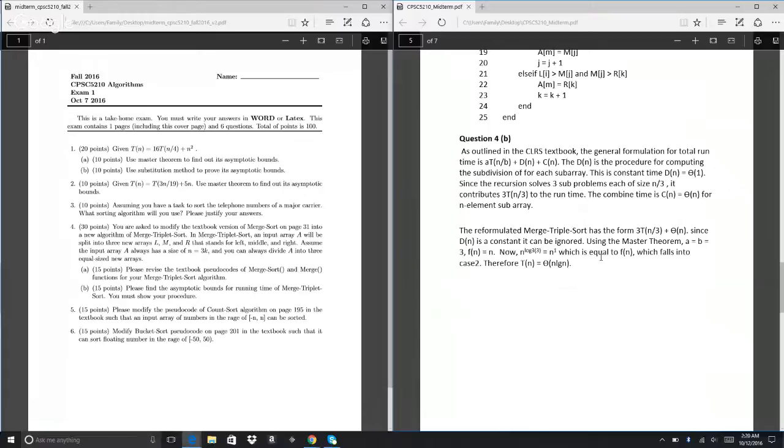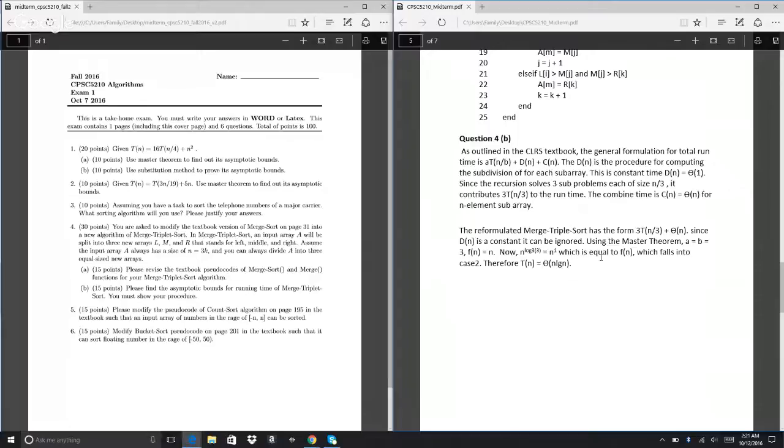The D of n is for computing the subdivision of each array. This is a constant time, so it's theta of 1, which we'll end up brushing aside because when things are that small in comparison to some sufficiently large n, it really doesn't make any difference. So that contribution to the whole time is ignored.